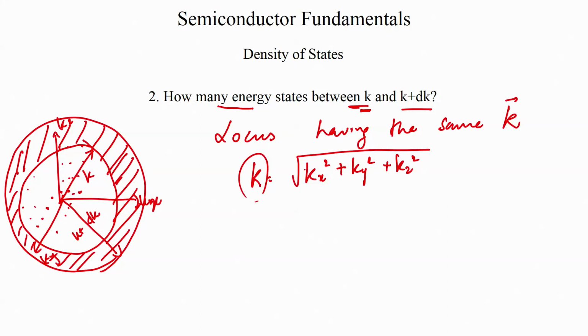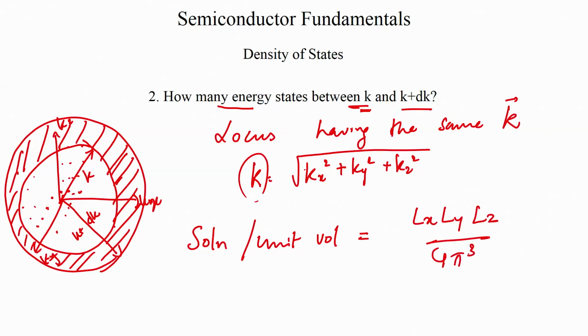So, how do we calculate this? Well, I just need to know how many unit volumes there are in this space. I know the number of solutions per unit volume, which is equal to Lx, Ly, Lz by 4 pi cube. So, if this is the number of solutions in 1 unit volume, how many unit volumes are there in this region I am interested in? What is the volume of the space?